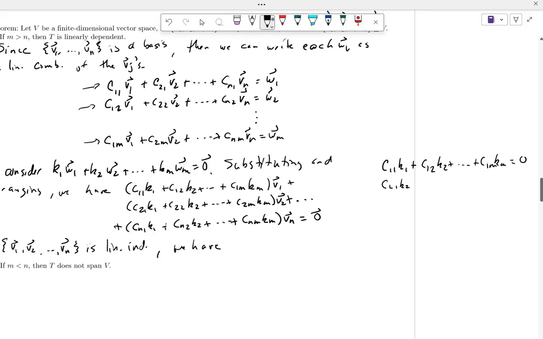The second coefficient has to be 0. All the way down to the last coefficient has to be 0. Right? It's linearly independent, so the constants all have to be 0. Okay?